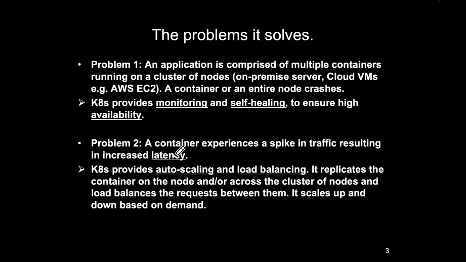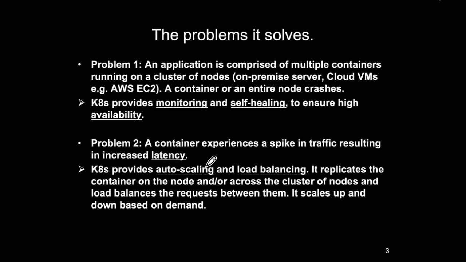The solution to that clearly is to scale up the number of instances of the containers that are experiencing the spike in traffic. Scale up really simply means create multiple copies of the container. But again, Kubernetes will take care of that.